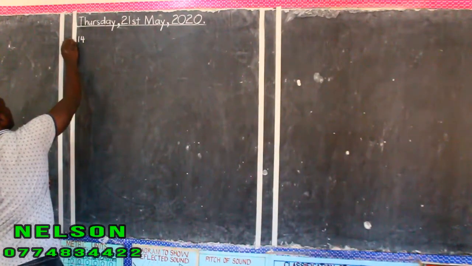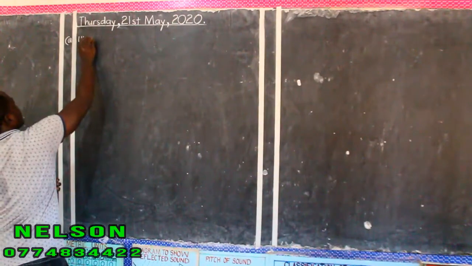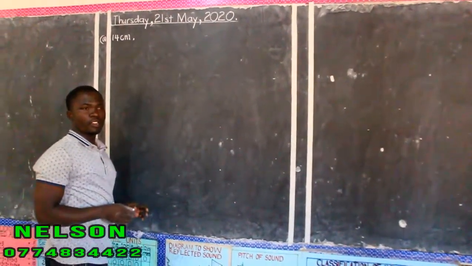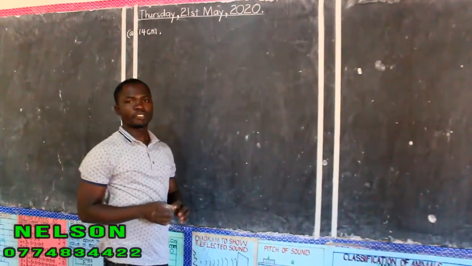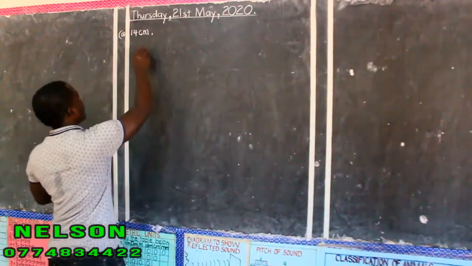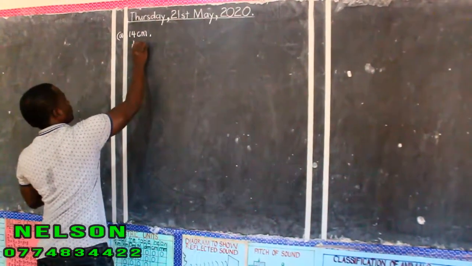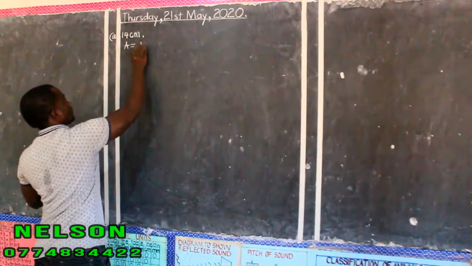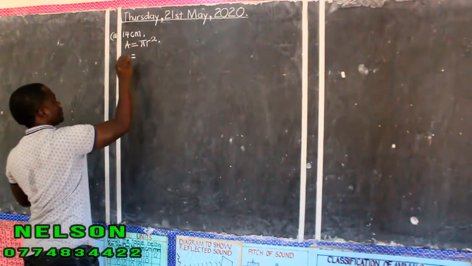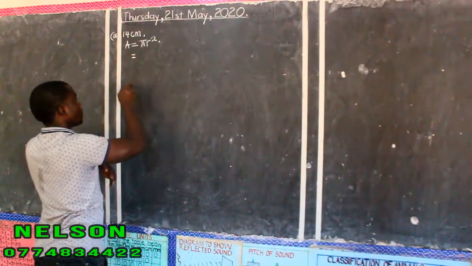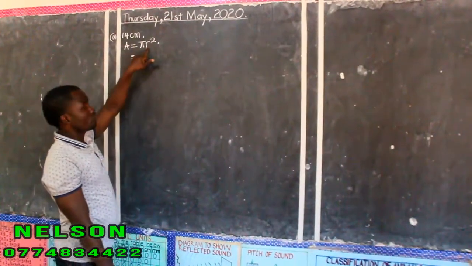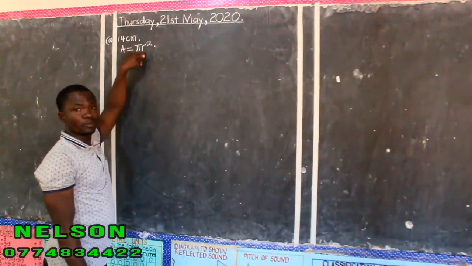Number 1A, we had 14 centimeters as the radius, and the question was asking for the area of the circle. We say the area of the circle equals pi r squared. Before we substitute, you have to understand what this means.